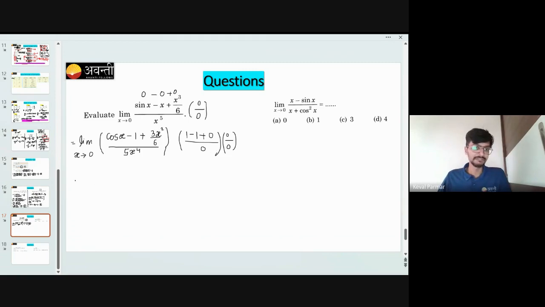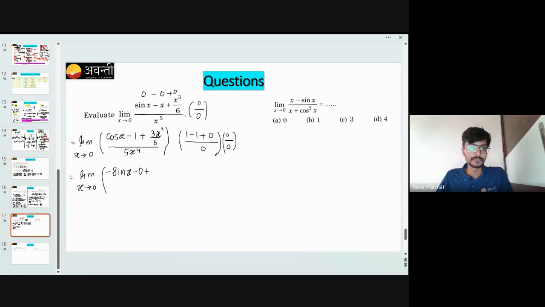So once again, if I take the derivative of numerator and denominator, I will get the derivative of cos x, which is minus sin x, minus the derivative of 1, which is 0.